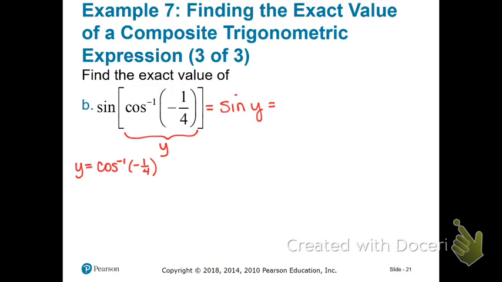So go ahead and take the inverse. So cosine of y is equal to negative 1/4. What is cosine in terms of x, y, and r? X over r. And real quick, since we're doing inverse cosine, what quadrants are we looking at? 1 and 2.